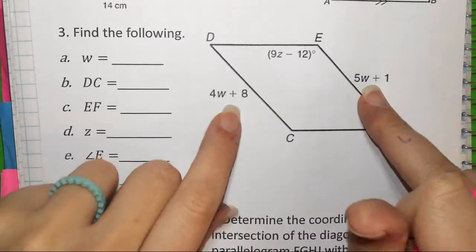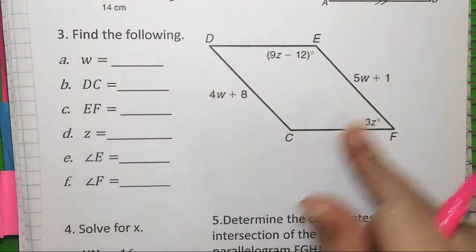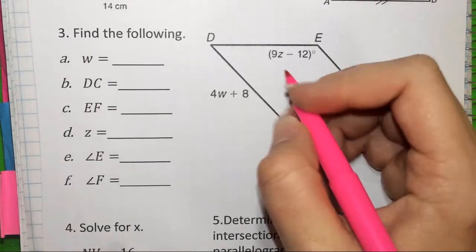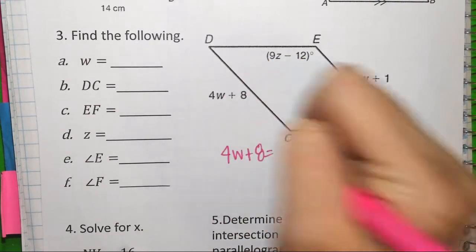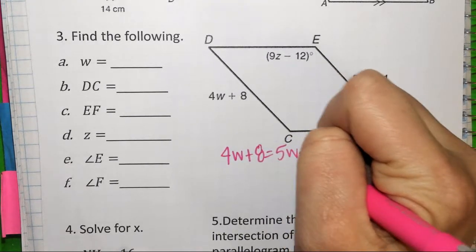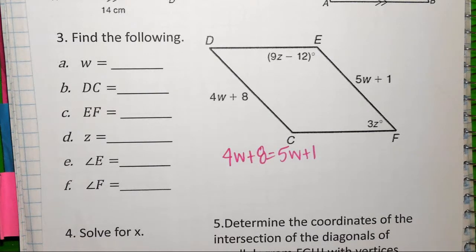Alright, so what we're going to do, opposite sides are congruent because opposite sides are parallel. We're assuming that it's a parallelogram. So we're going to set them equal to each other. So we're going to do 4W plus 8 equals 5W plus 1. Alright, now what are we going to do from here?